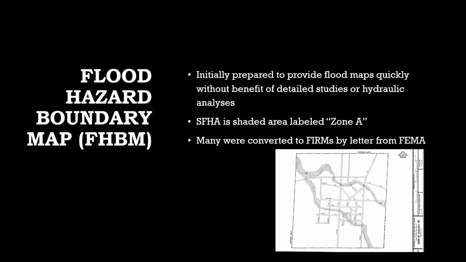Just because of the map modernization, you got a new effective date, but your study data is super old. So I highly encourage you to know what year your study was actually done. Usually you can find that in the FIS if your maps were converted to FIRMs.